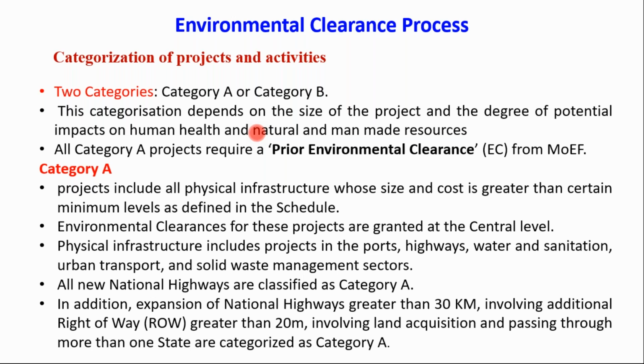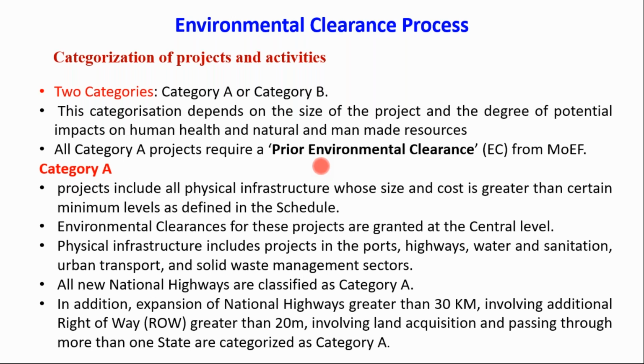So what is the capacity of that project and what is the potential of that project, that is nothing but the adverse impact on human health and natural and man-made resources. All category A projects require a prior environmental clearance from MOEF, that is Ministry of Environment and Forest.